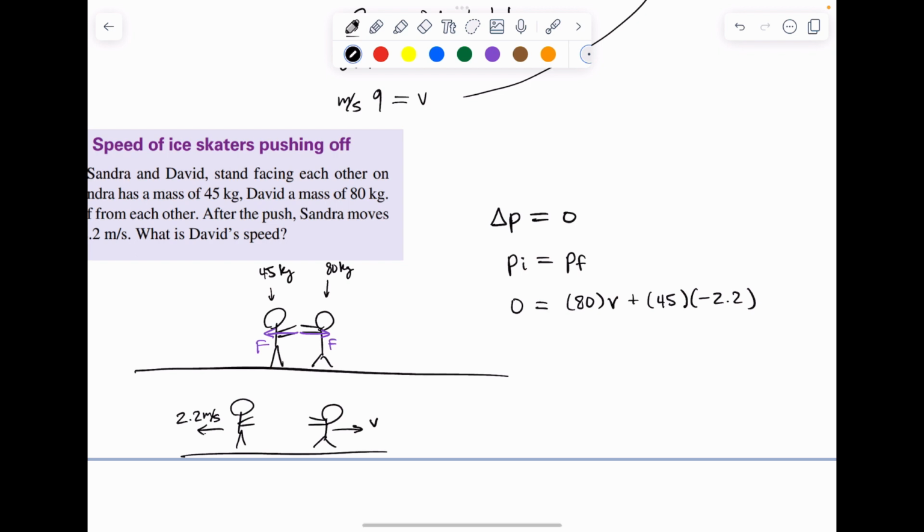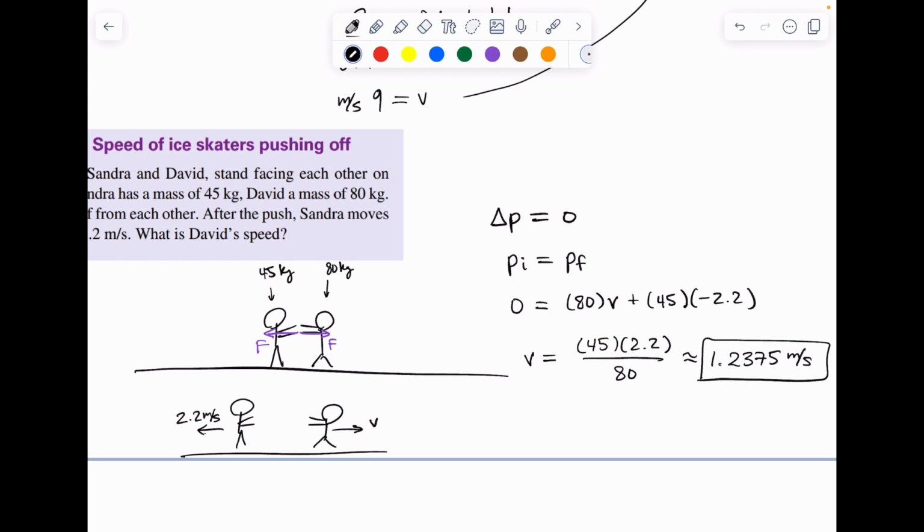We get that V equals 45 times 2.2 divided by 80. So that gives us an answer of 1.2375 meters per second, right? So that's the speed of David.